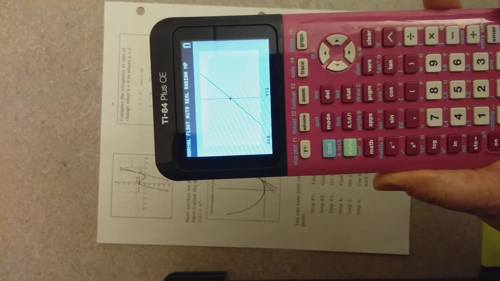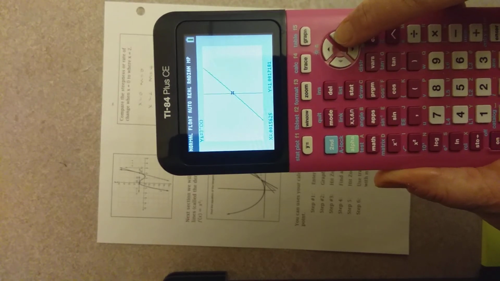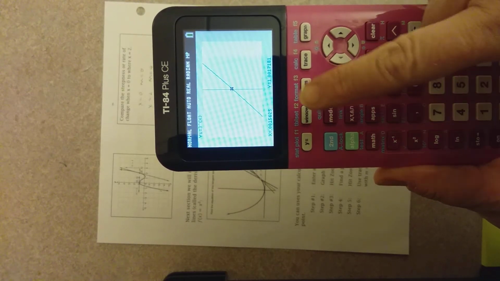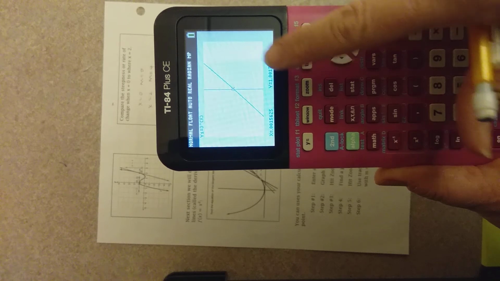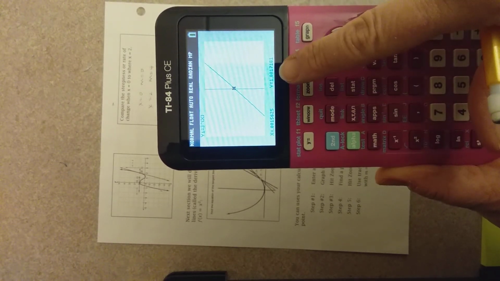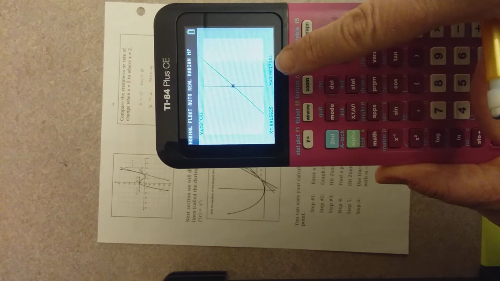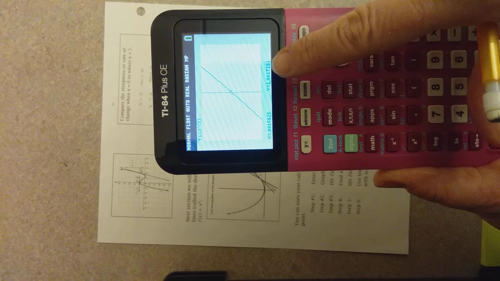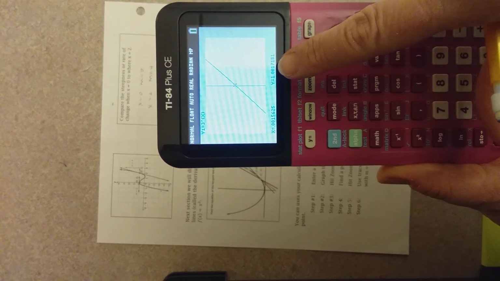Then all I would have to do is trace, move a little to the right, and there's another point on the line. And it's not a line, it's a curve, it just looks like a line. That's another point on the curve, and I can use that point to figure out the slope of that tangent line and get pretty close to the right answer because these two points are pretty close to each other.